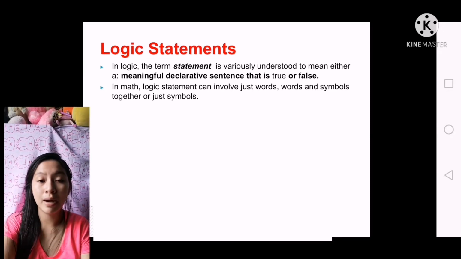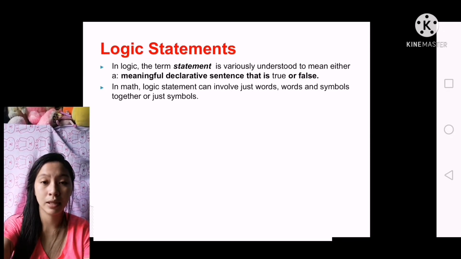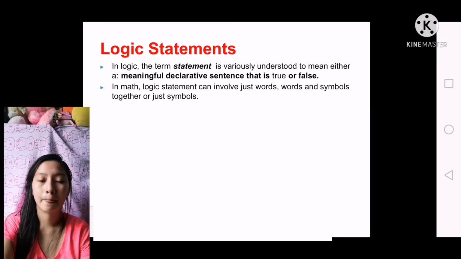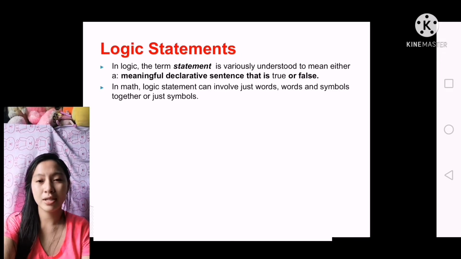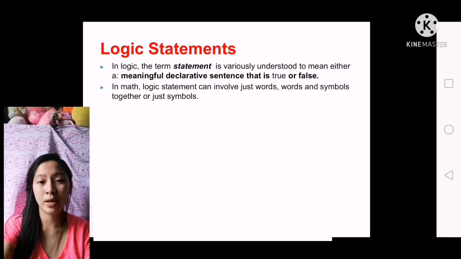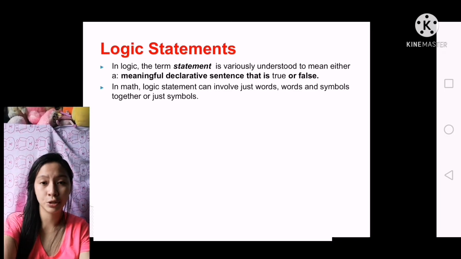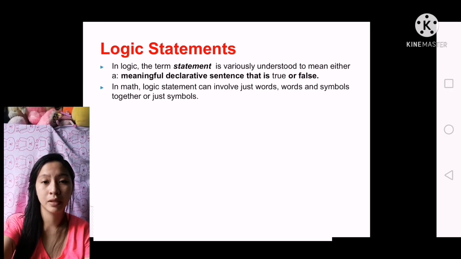So in math, a logic statement can involve just words and symbols, or just symbols. A logical statement is a statement that, when it's true, allows us to take a known set of facts and infer or assume a new fact from them.